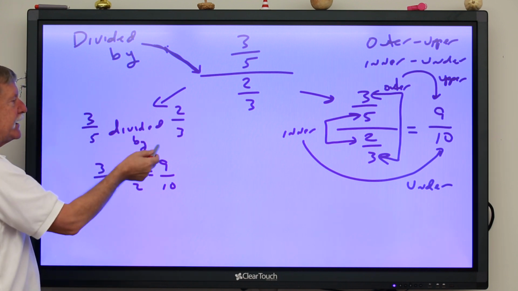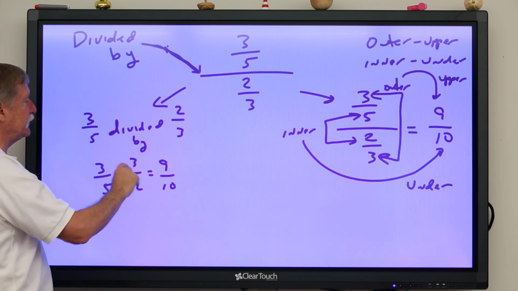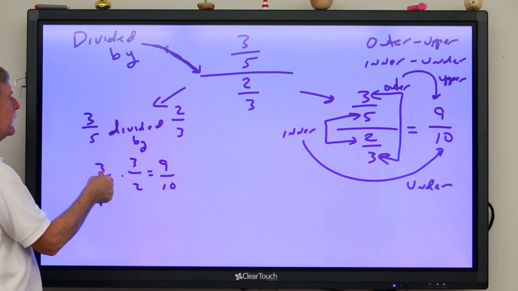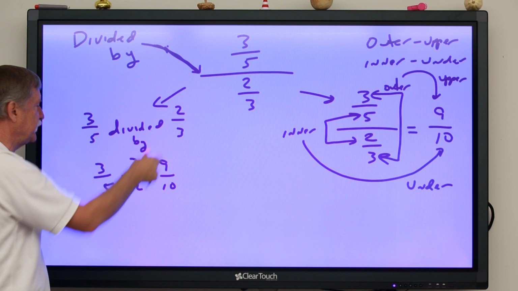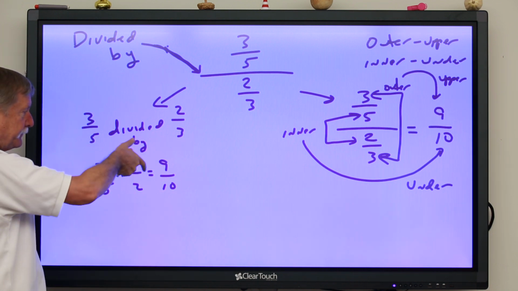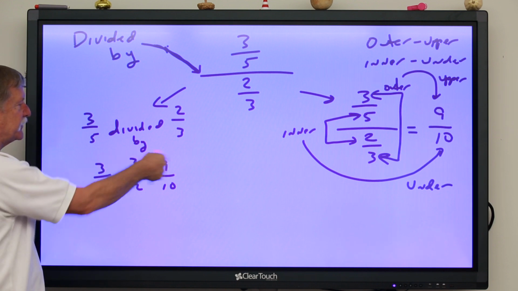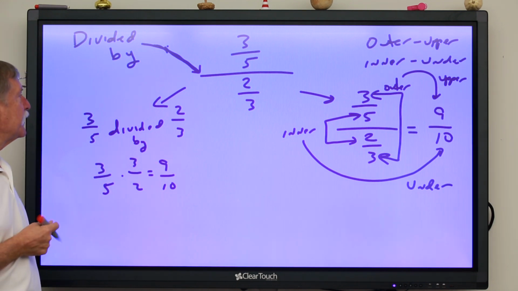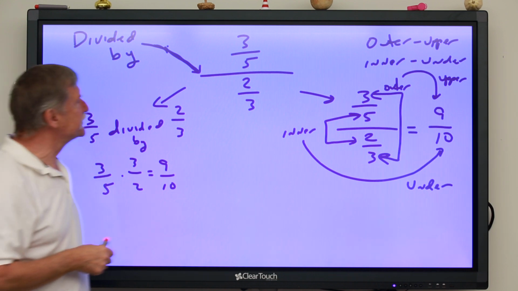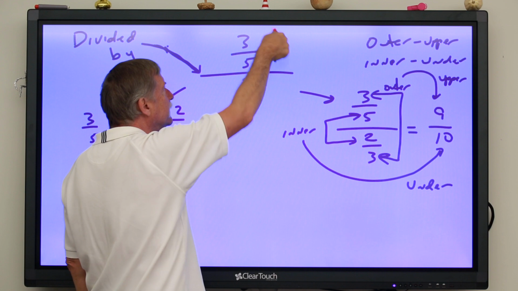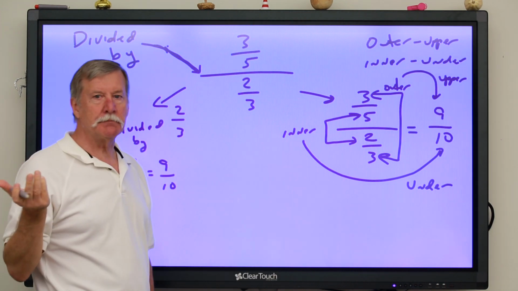And if you're dividing a fraction, we know that what you're really doing is inverting the second fraction and multiplying. So 3/5 divided by 2/3 is the same as 3/5 times, flip it, 3 over 2. Top times the top, bottom times the bottom, and you get 9/10. All right, and that's how your book does it. It basically says take whatever's on the bottom, flip it over, and multiply it times what's on the top.